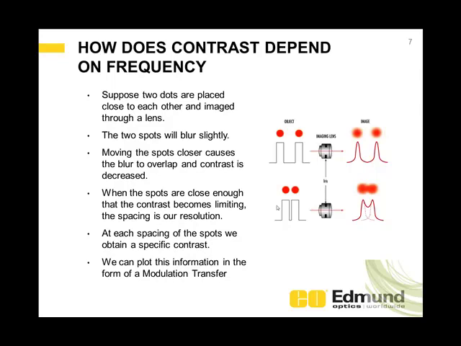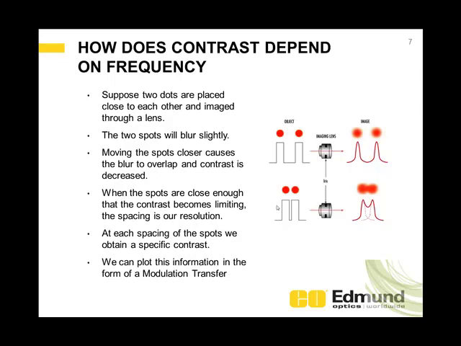Now, how does the contrast depend on the frequency? And the frequency here we're talking about is the spatial frequency. So in the picture on the right, in the top, you can see clearly there's two red dots, and they're represented by two nicely defined square waves. When we put it through the system, which is the lens, we're not going to get those two nice square waves. We're going to get a little bit of blur here.